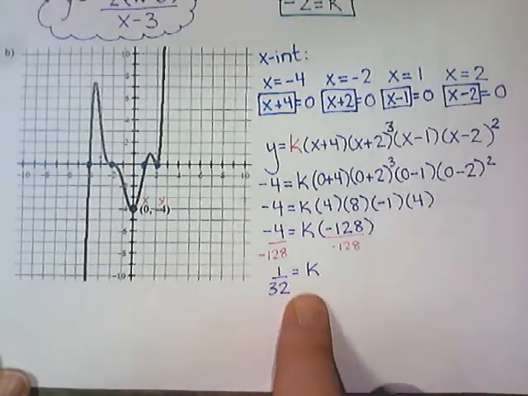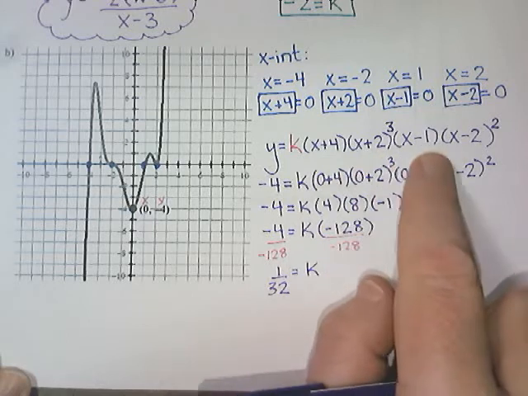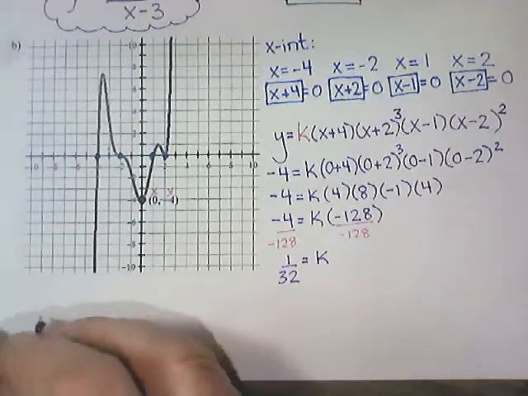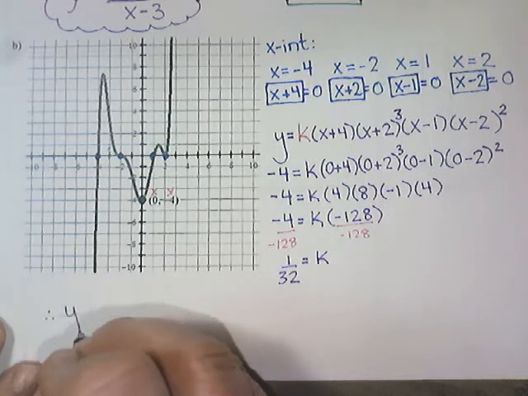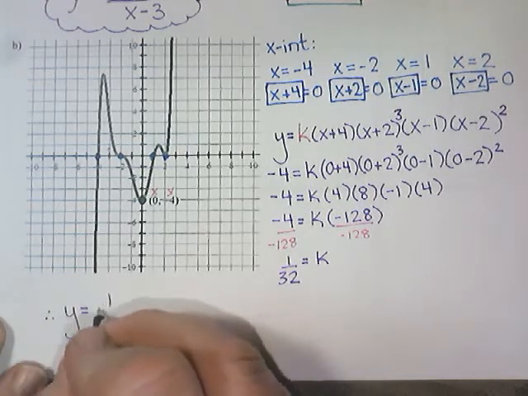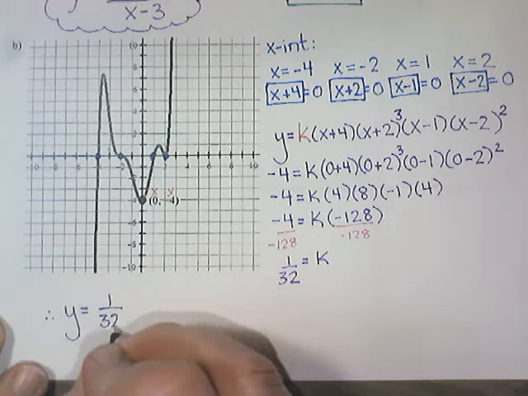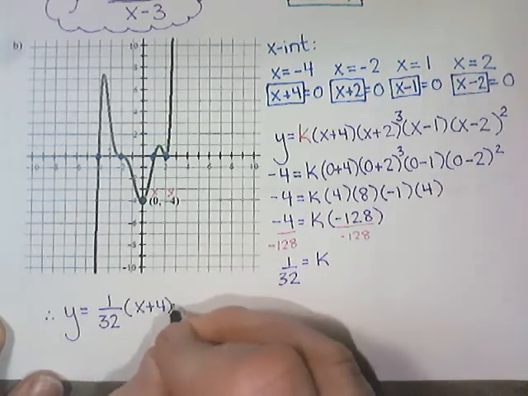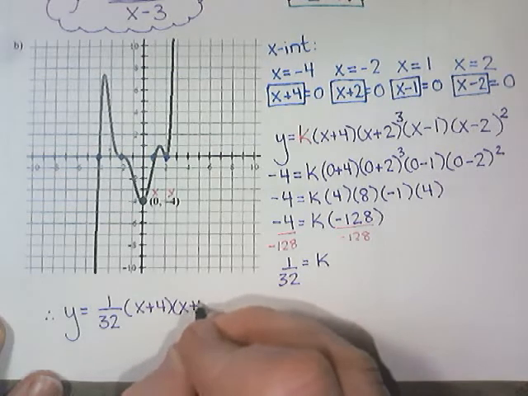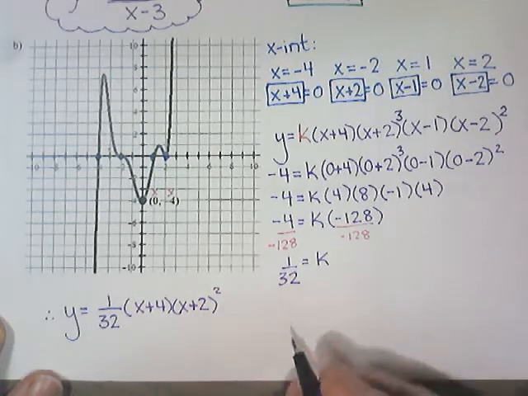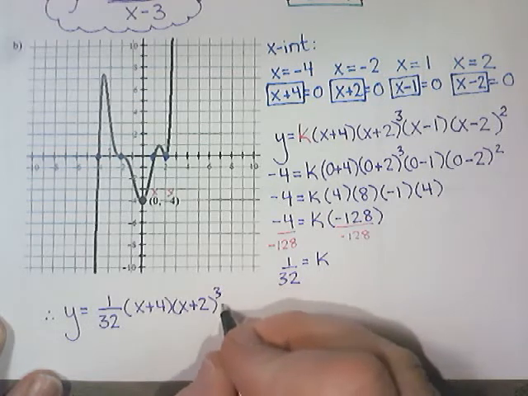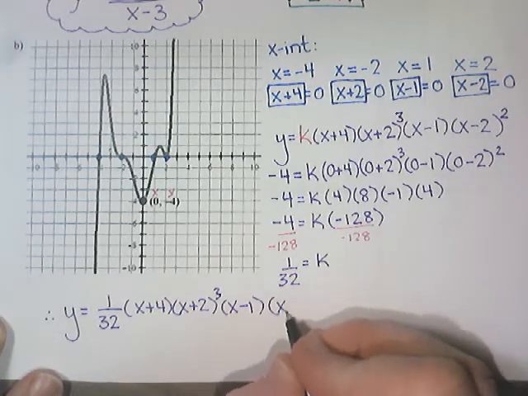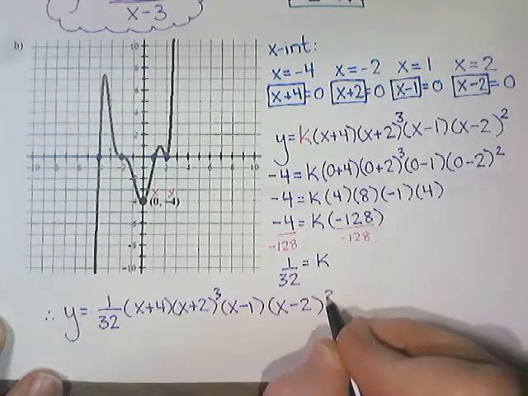So now that I have my k and I know what all my brackets and exponents are, I'm going to write my final answer. I'm going to say, therefore, y equals 1 over 32 times x plus 4 times x plus 2, cubed, not squared, times x minus 1 times x minus 2 squared.